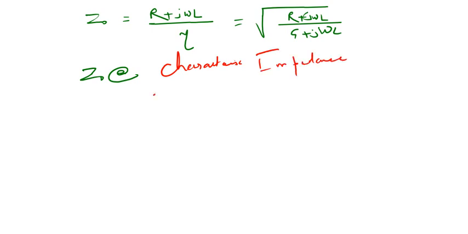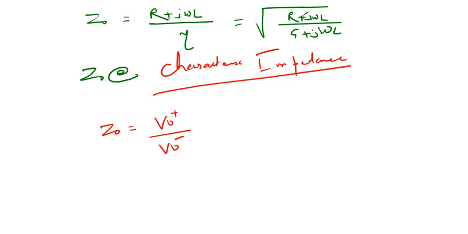Basically Z naught is V naught plus divided by I naught plus, and that is also equal to minus V naught minus divided by I naught minus. So this quantity is called the characteristic impedance.